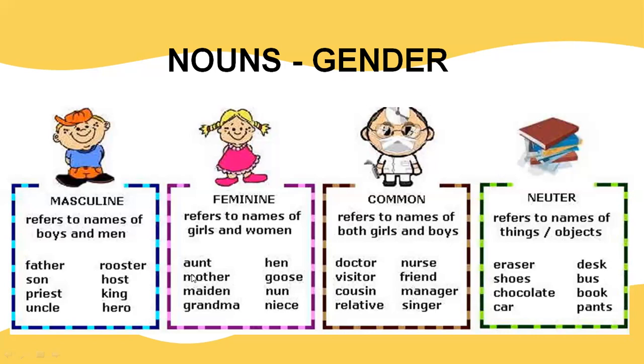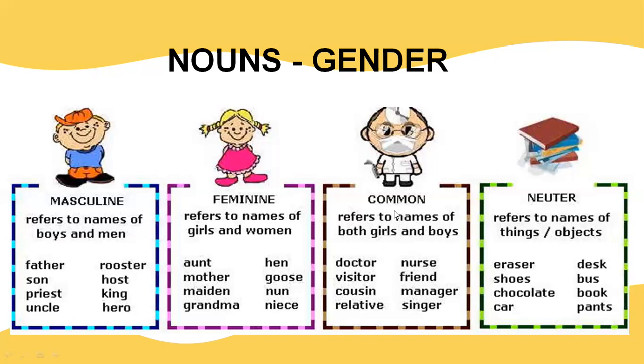Aunt is a name which we use to refer to a girl. So all the words which we use to name a girl or woman should come under feminine. Examples are aunt, mother, hen, goose, maiden, nun, grandma, niece. All these are examples for feminine gender.